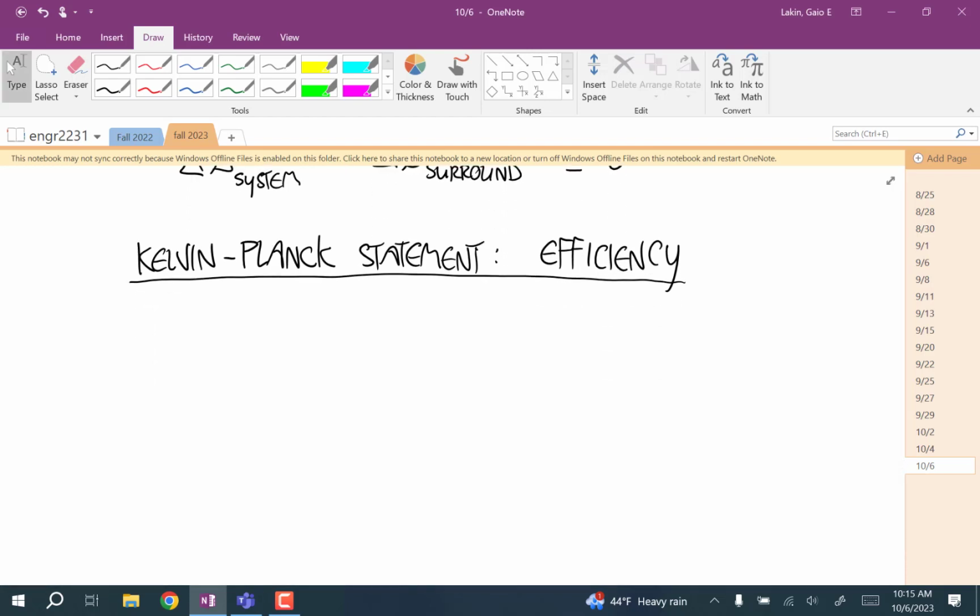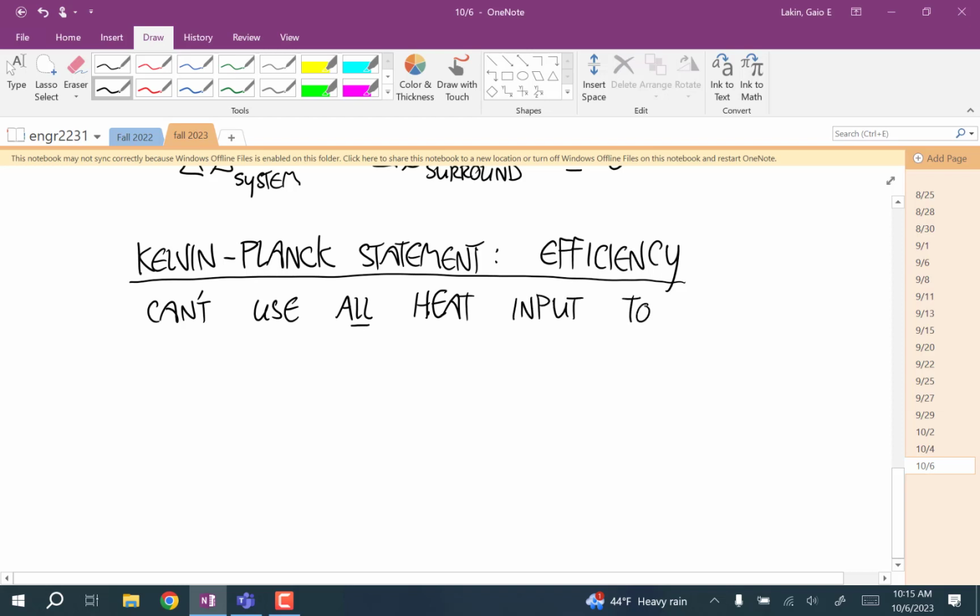And the Kelvin-Planck statement says basically you can't use all your heat input to produce work.